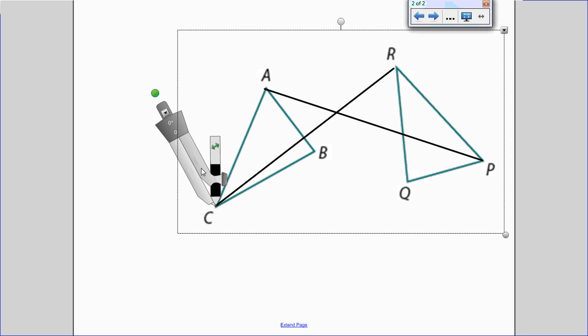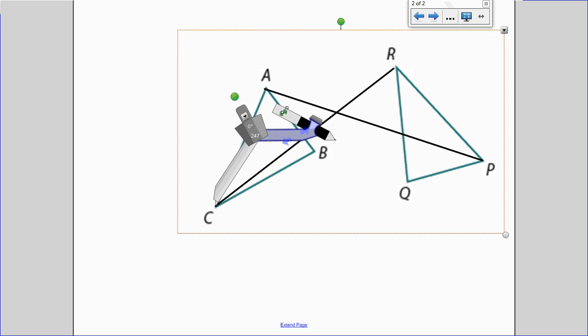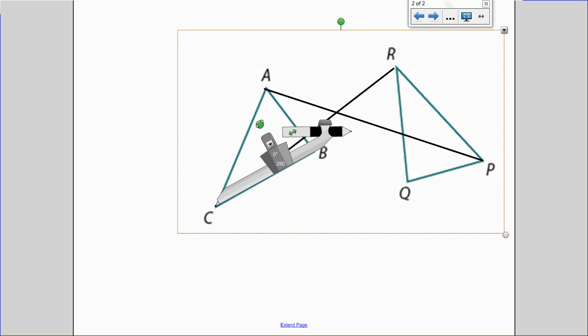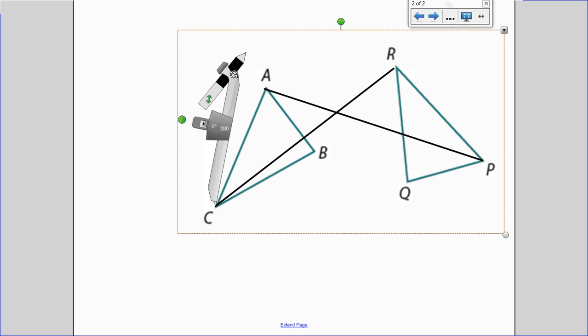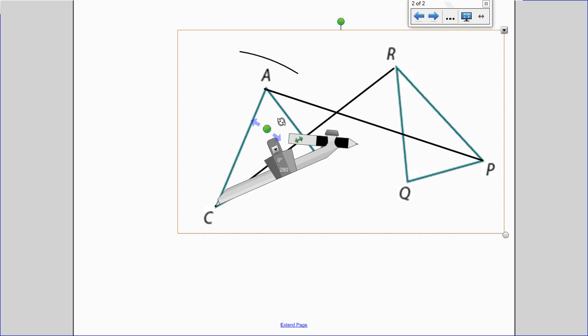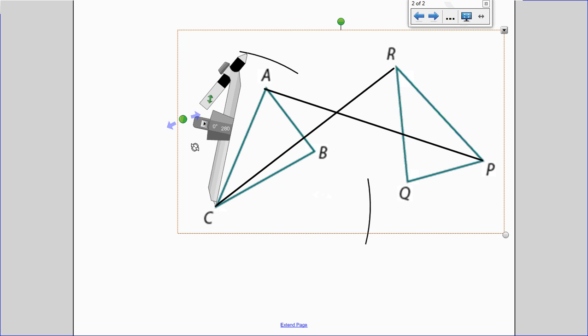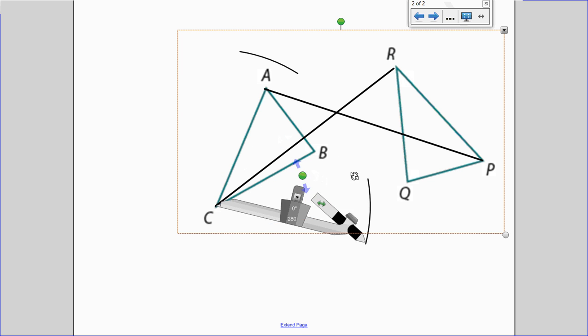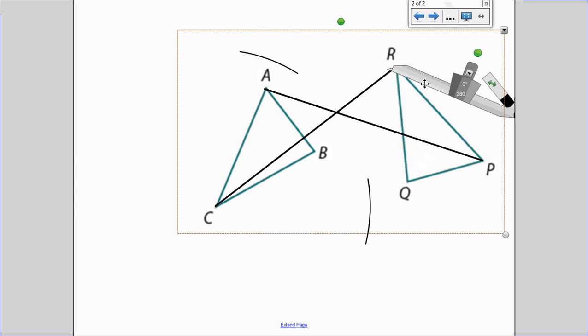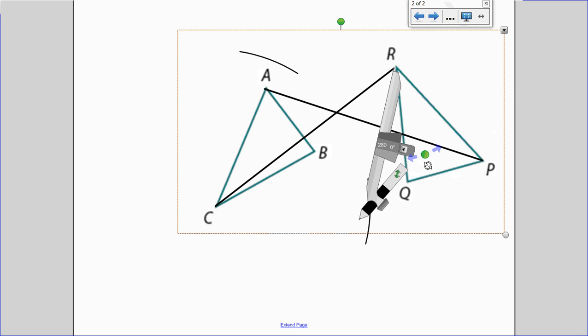So let's go, making sure it's long enough here. Down here. So again, what I'm trying to do is find two points that are equidistant from my endpoints.